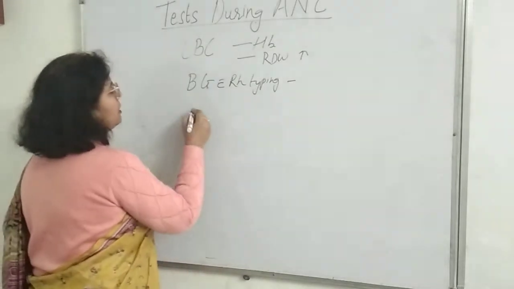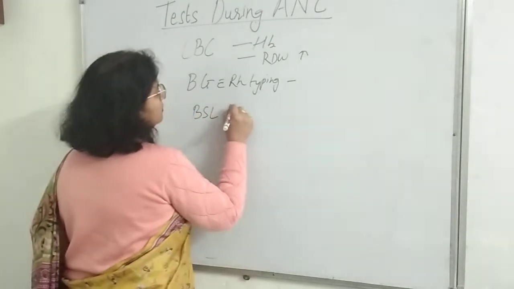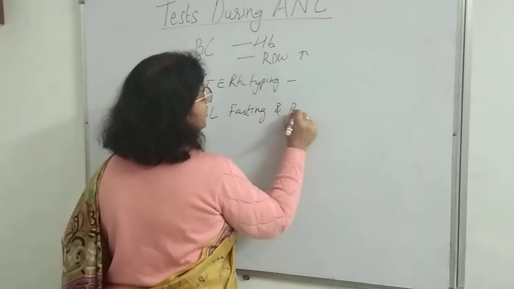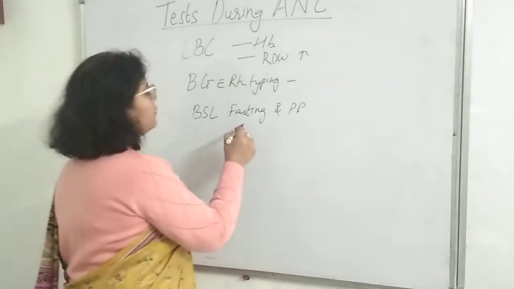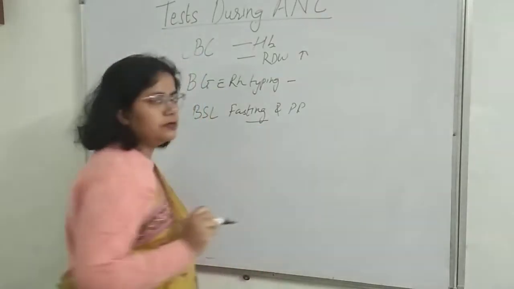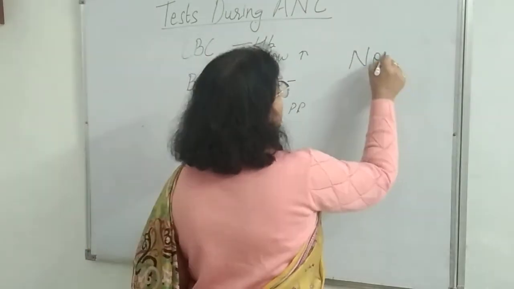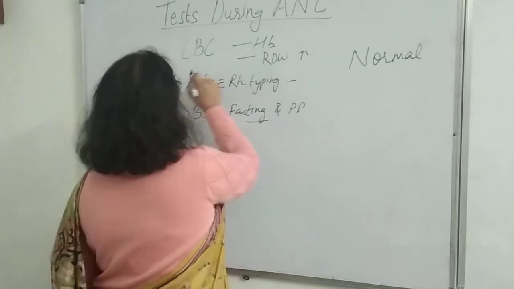Now after CBC and blood grouping, you will be doing blood sugar level, fasting and post meal. The normal limits are different for mostly all these things apart from blood group.